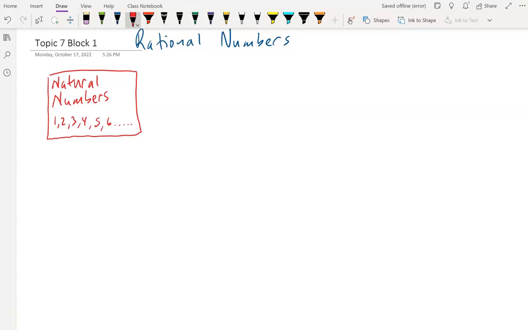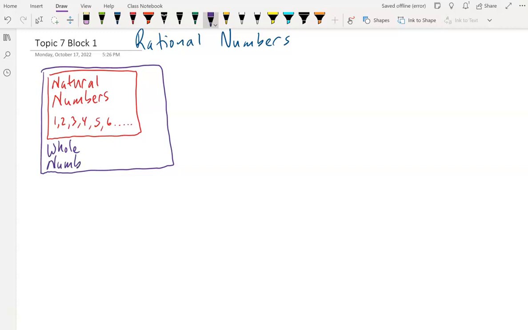Now the next grouping of numbers is the whole numbers. So I'm going to expand my box just a little bit bigger, and I'm going to talk about the whole numbers. The whole numbers are basically all the natural numbers, because you can see the natural numbers are inside the box of whole numbers.